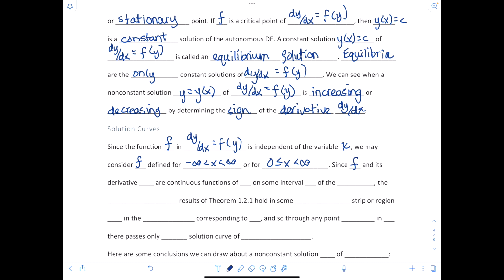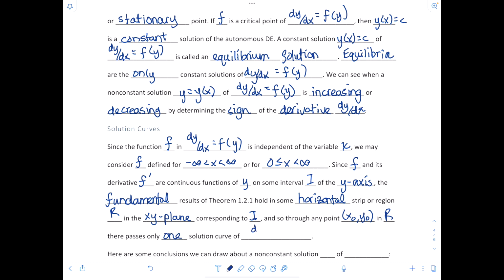Since f and its derivative f prime are continuous functions of y on some interval I of the y-axis, the fundamental results from that theorem in chapter 1, 1.2.1, hold in some horizontal strip or region R in the xy plane corresponding to I, and so through any point x0, y0 in R, there passes only one solution curve of dy/dx equal to f of y. So the solution curve is unique.